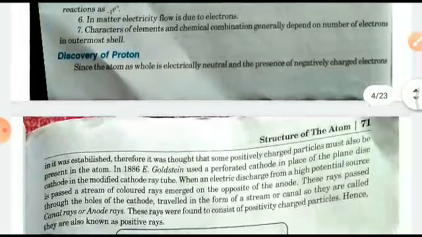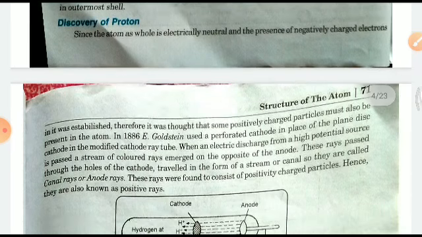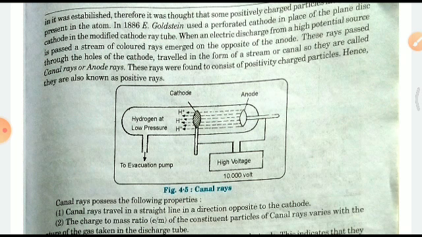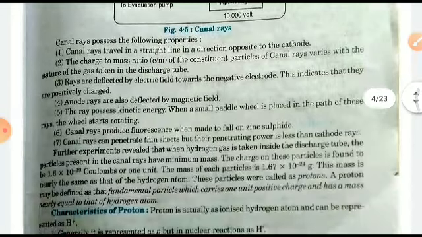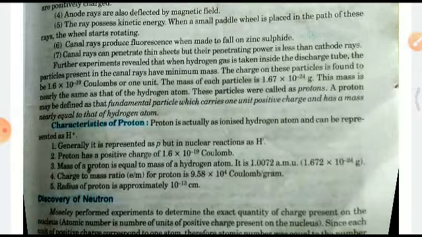Then proton was discovered, right? Goldstein conducted an experiment with canal rays or anode rays, and these rays were found to contain positive charge, as can be seen here. And so some characteristics were established for protons.